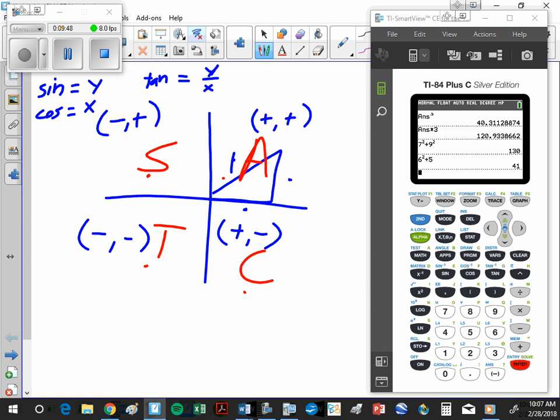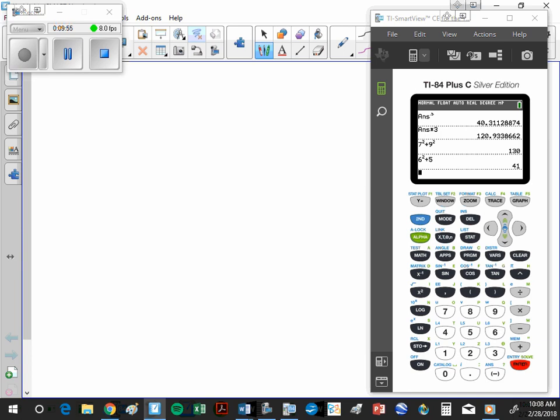Okay. All right, look at number 26. 26 says, if the tangent is negative 5 over 12 and the terminal side of theta lies in quadrant 2, find the cosine of theta. So I draw my unit circle, and where am I?